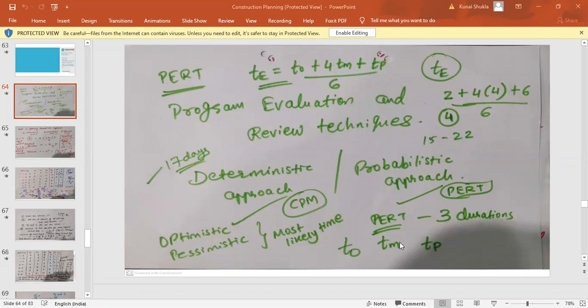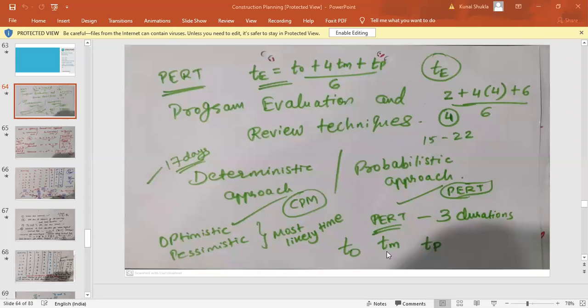What are abnormal conditions? Some climatic conditions, fire hazards, earthquakes, floods or anything like that. These are highly unusual conditions, because they will not happen every day, but in certain circumstances they might happen. So that is called the maximum time.